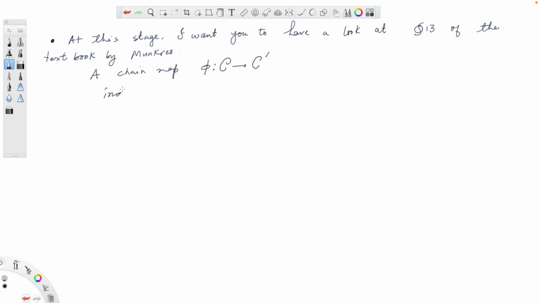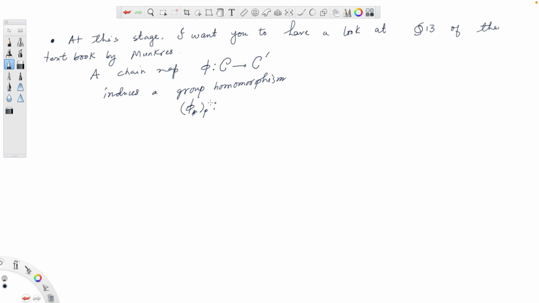This guy induces a group homomorphism. A while ago we applied this idea to prove part A of lemma 2, right?